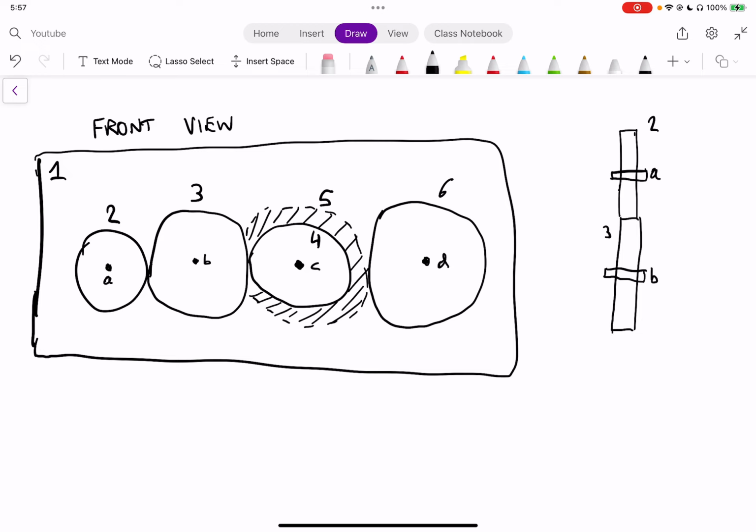Then gear 4 would be connected to gear 3. And gear 4 is going to have an axle that goes through it, and that also connects to gear 5, which is bigger. Okay, so this is gear 4, gear 5, and this is axle c.